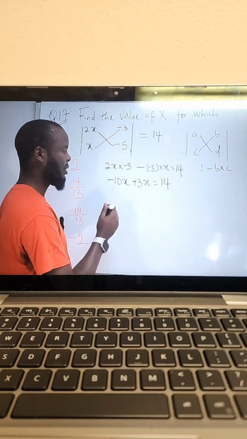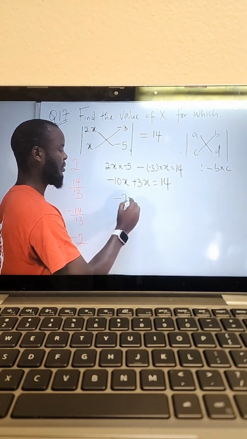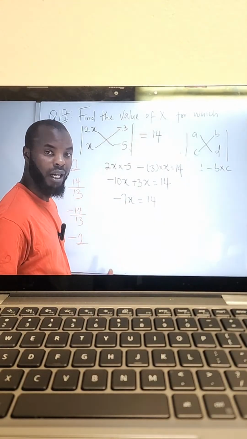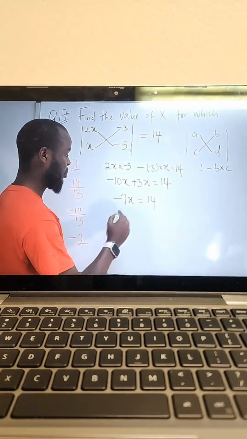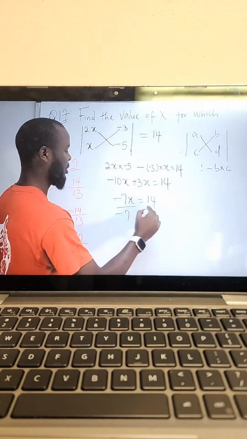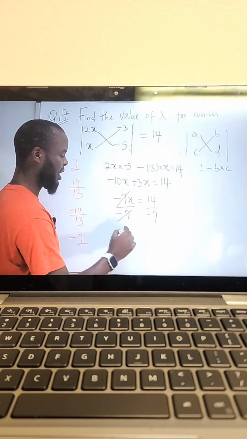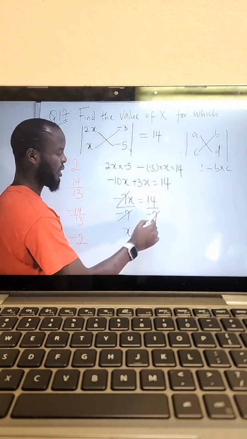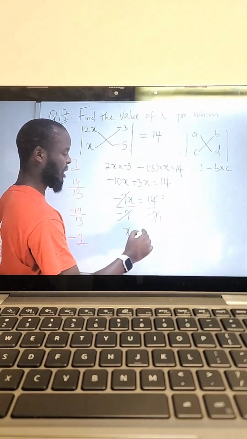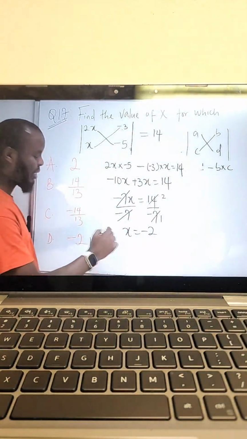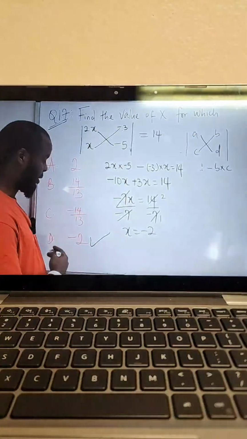Negative 10x plus 3x is negative 7x equals 14. Dividing both sides by the coefficient of x, which is negative 7, the negative 7 cancels out, leaving x on one side, and 14 divided by negative 7 is negative 2. Looking at the options, my right answer should be option D.